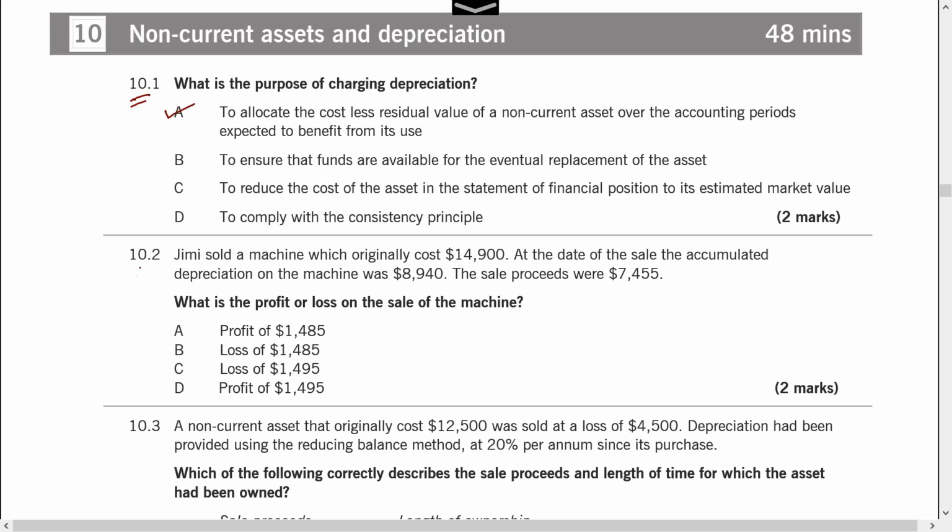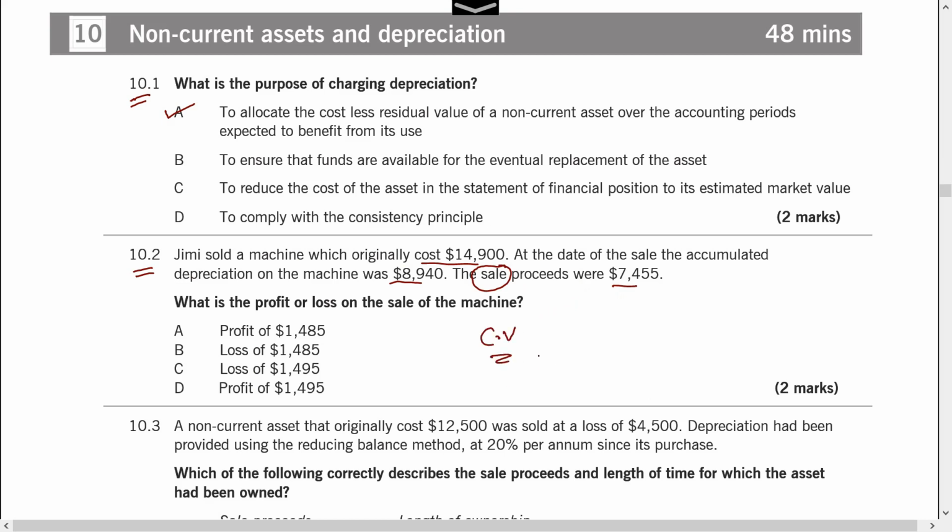Now next we have question number 2. What is the profit or loss on the sale of the machine? J sold a machine which originally cost this amount. At the date of sale, the accumulated depreciation on the machine was this amount. The sales proceeds were this amount. So basically we have the sales proceeds of this amount, which we have to compare with its carrying value.